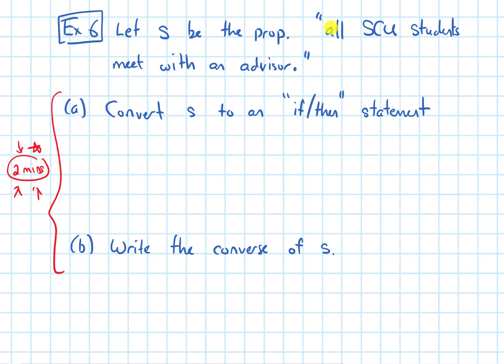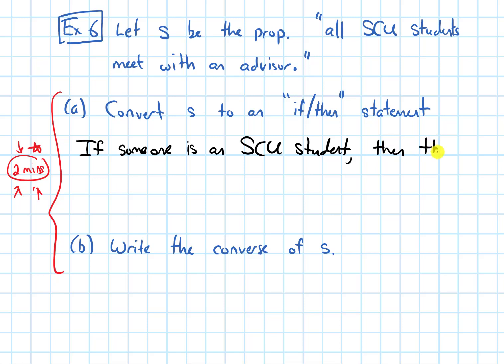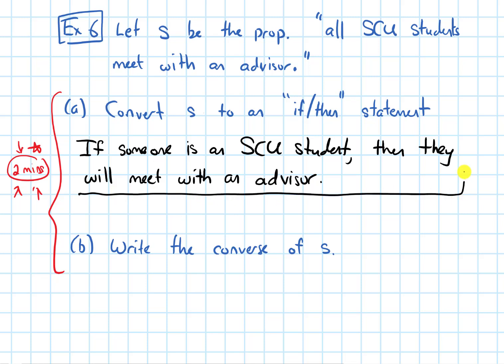If we think about what the statement is saying, all SCU students meet with an advisor, the way I would phrase that as an if-then statement is, if someone is an SCU student, then they will meet with an advisor. And that's it. We've converted it to an if-then statement.